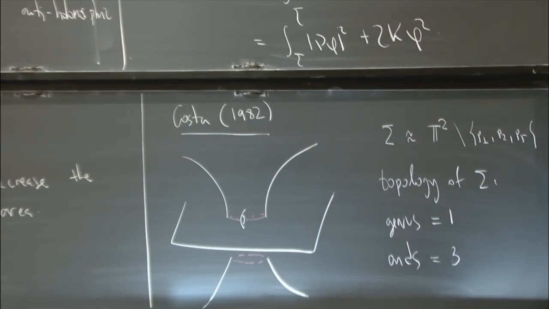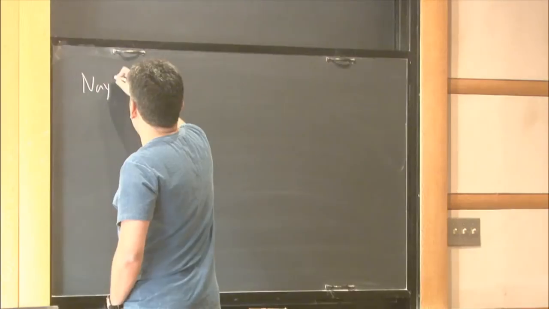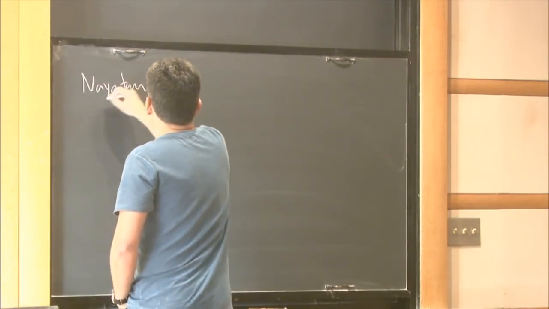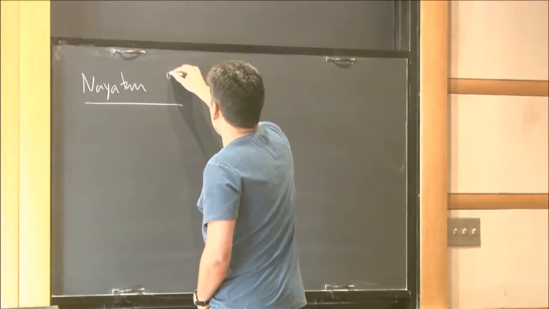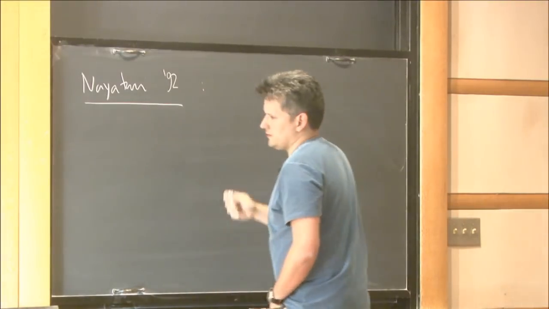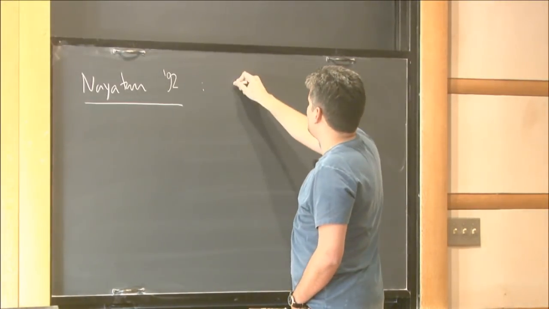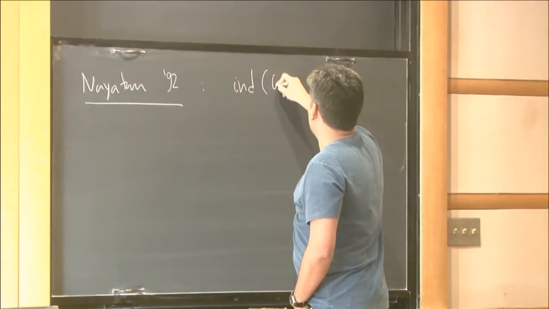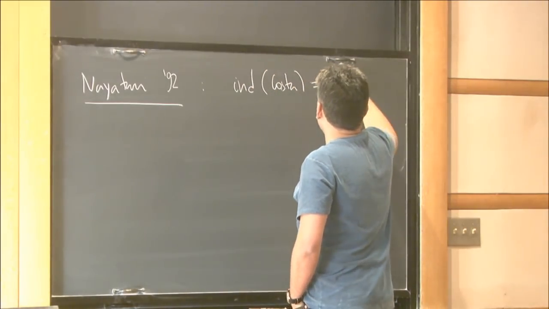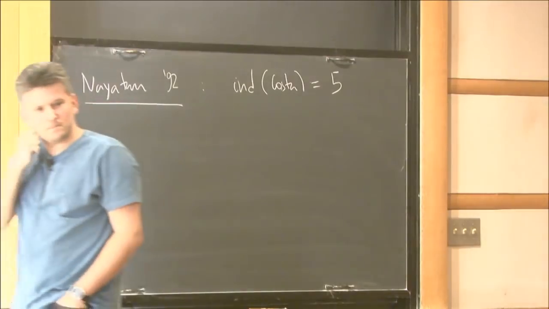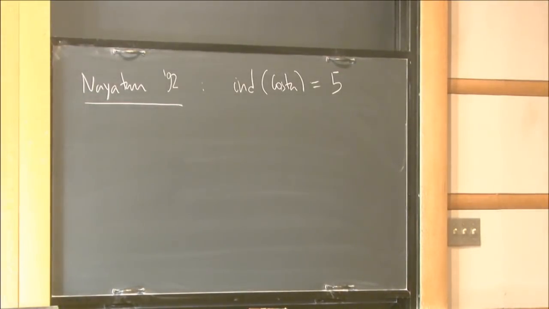But it turns out there's a calculation of Nayatani from the early 90s. He shows that the index of this surface is actually 5. So where are these other directions where we could decrease area? Geometrically it's hard to see them.